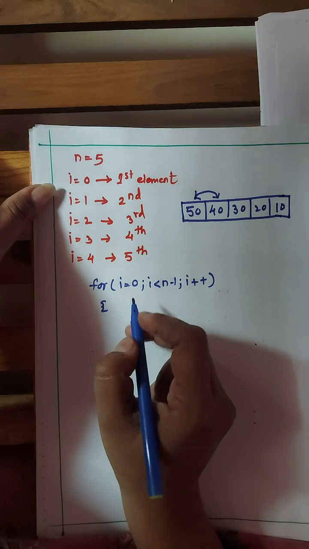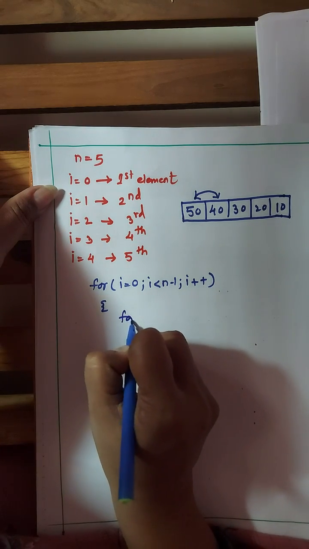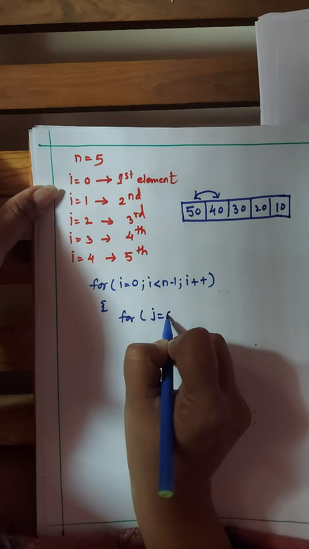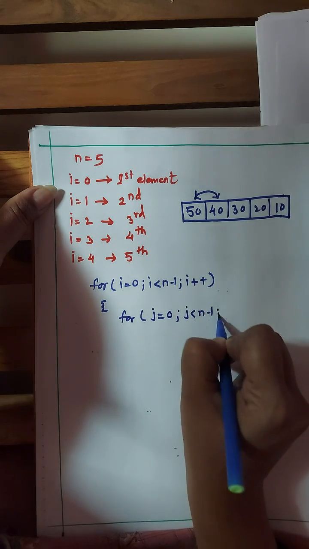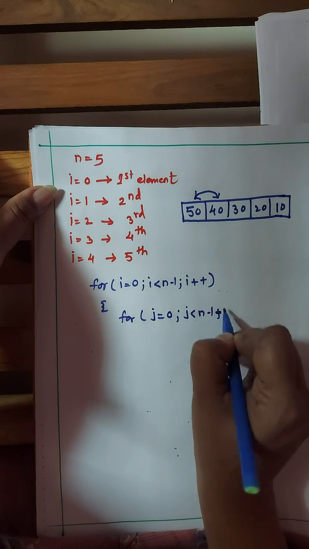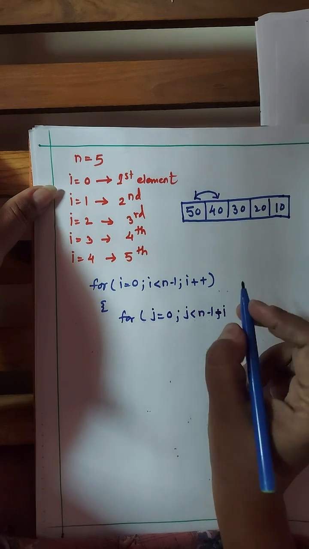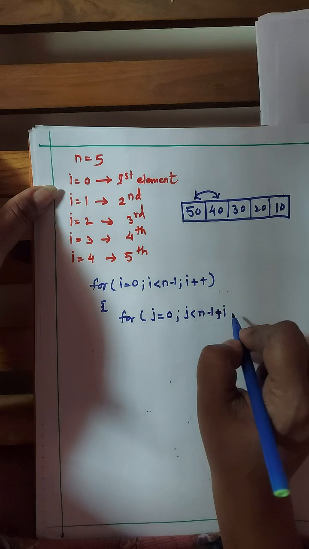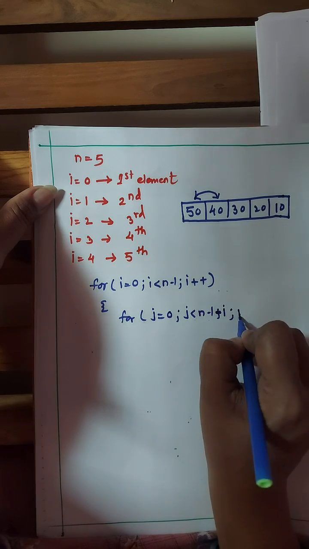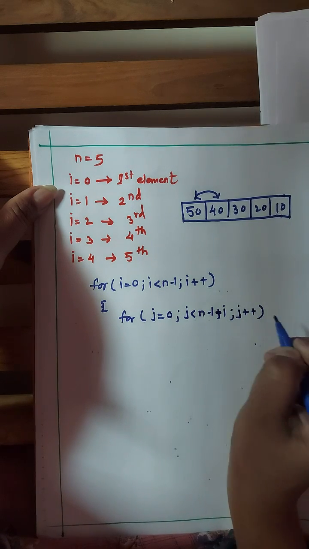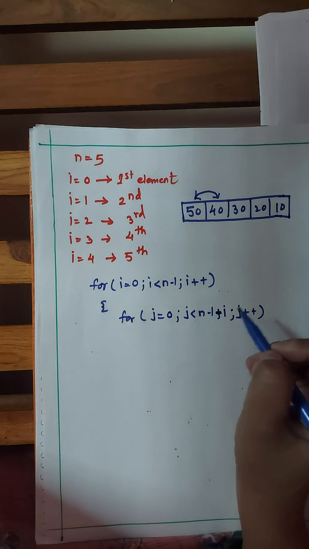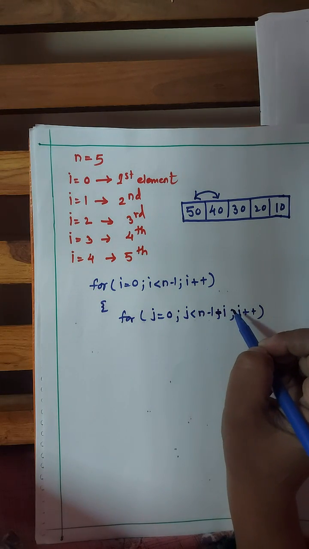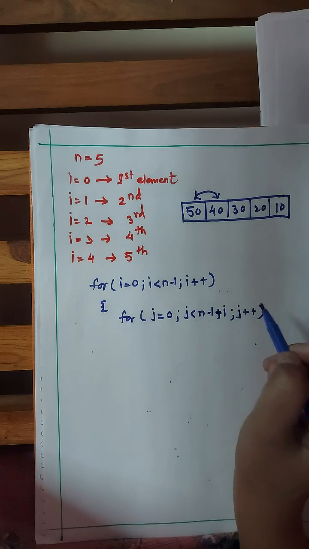Now let us jump into the inner for loop. For j equal to 0, j is less than n minus 1 minus I, and j plus plus.